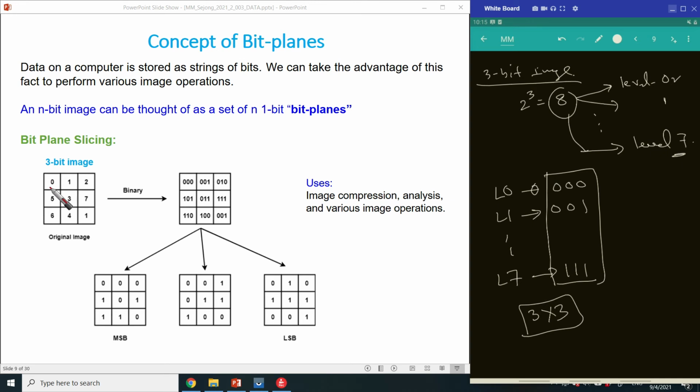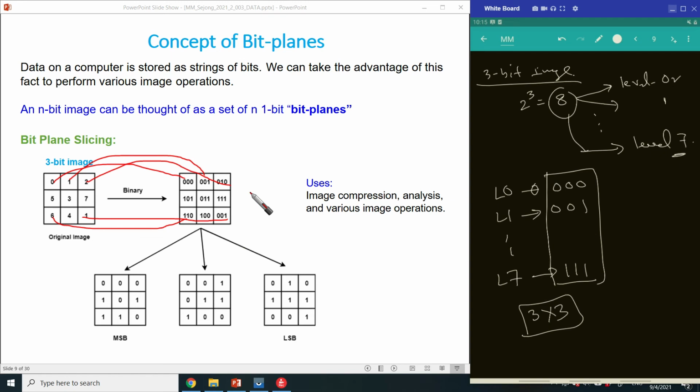Let's say this pixel value is 0, this one is 1, this one is 2, this is 5, 3, 7, 6, 4, 1, in this way. Now if we convert to binary numbers for our convenience, level 0 means 000, this 1 means 001, this 2 means 010, and accordingly this was 110 and this one is 001. We just converted to binary numbers.